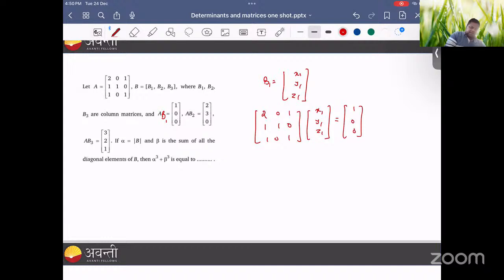If you multiply this, you get 2x1 plus z1 is 1, x1 plus y1 is 0, and x1 plus z1 is also 0. All right. If I simplify all of them, I get x1 as 1, y1 as -1, and z1 as -1. Take a look.